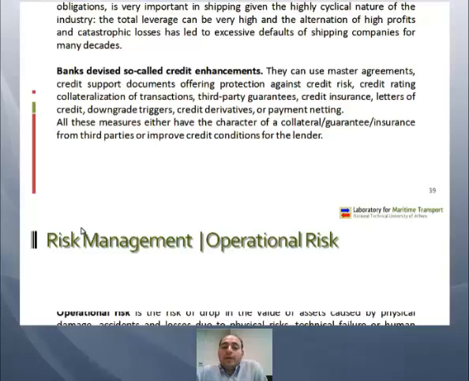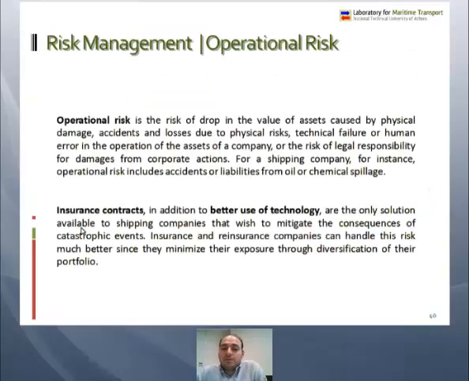We also have operational risk, which is the risk of dropping the value of our assets caused by physical damage. That is actually accidents and losses due to physical risks, technical failures, or human errors in the operation of the assets of the company. And when we are saying asset, our main asset is the vessel itself.